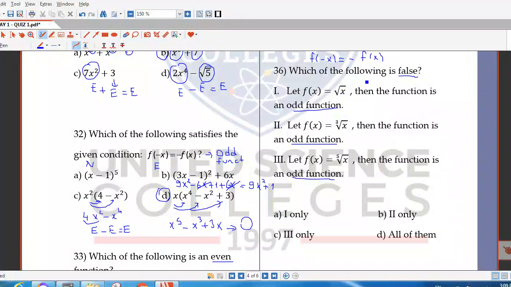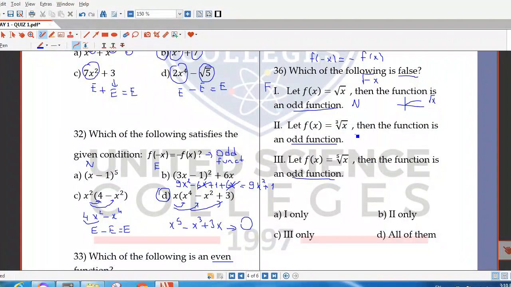So if we write negative x, negative root of x, can we do any simplification? Is it equal to function itself? No. Can we take minus sign out? No. So it is actually none of them. And if we remember the graph of root of x, you are going to see there is no symmetry. So it is not an odd function, it is one of the false statements.